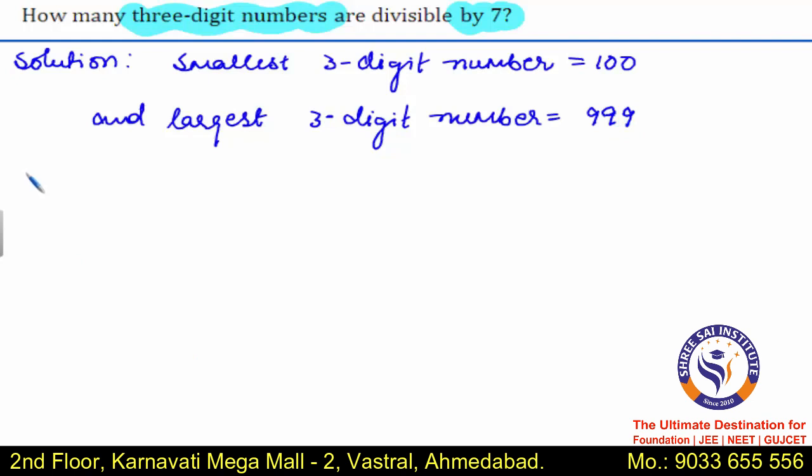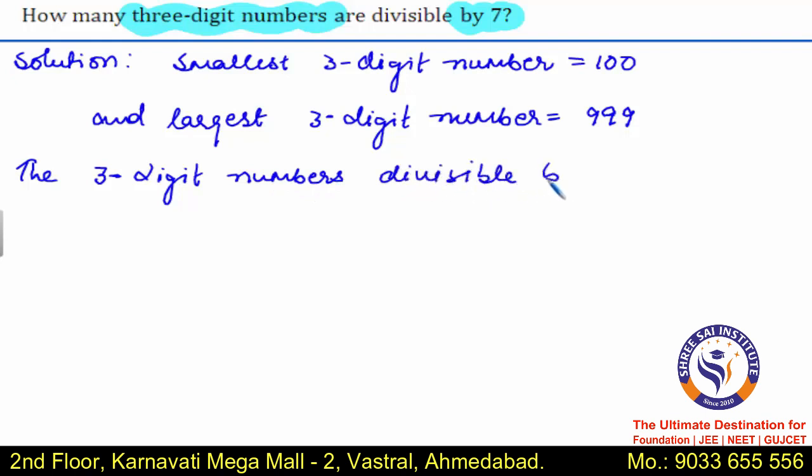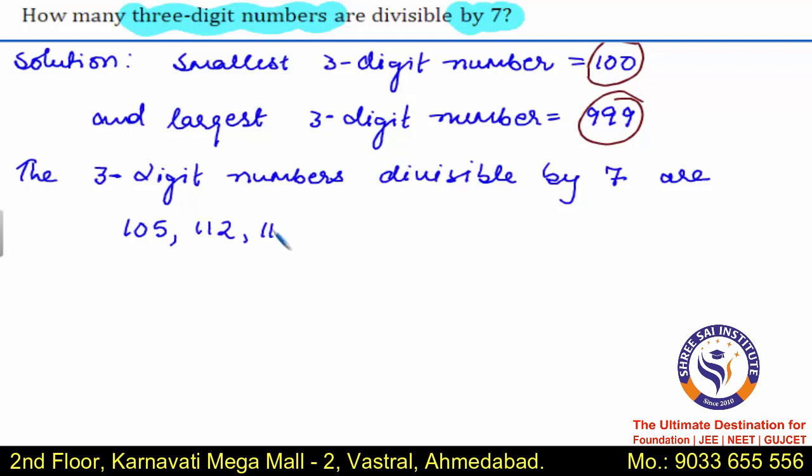and the three-digit numbers divisible by 7, which lie between 100 and 999, are: the first number is 105, then we have 112, then 119, 126, and the last number which is divisible by 7 and which is less than 999, since 999 is not divisible by 7, is 994.